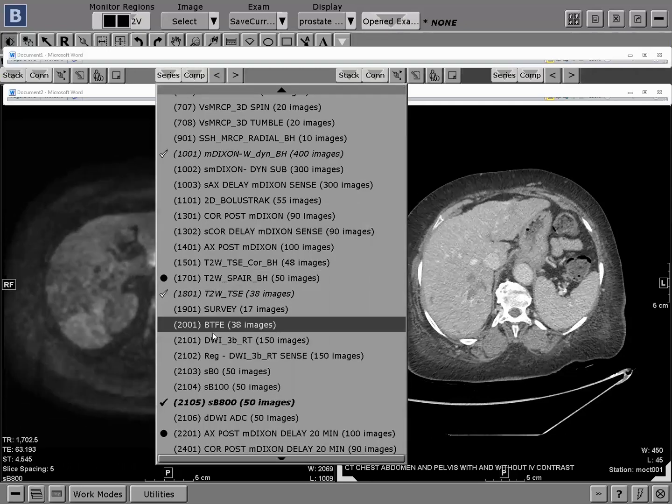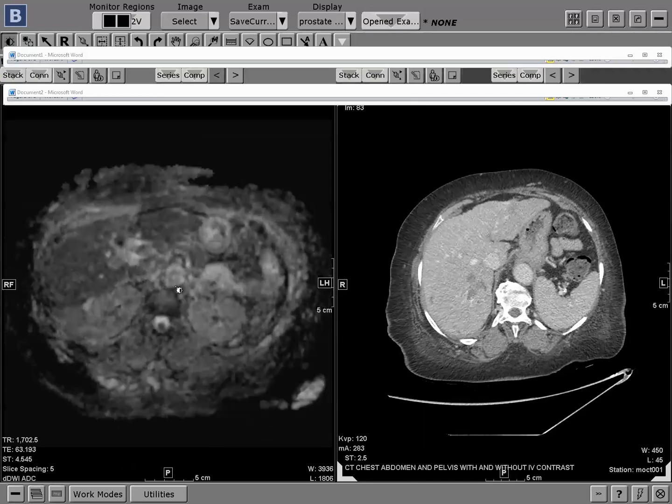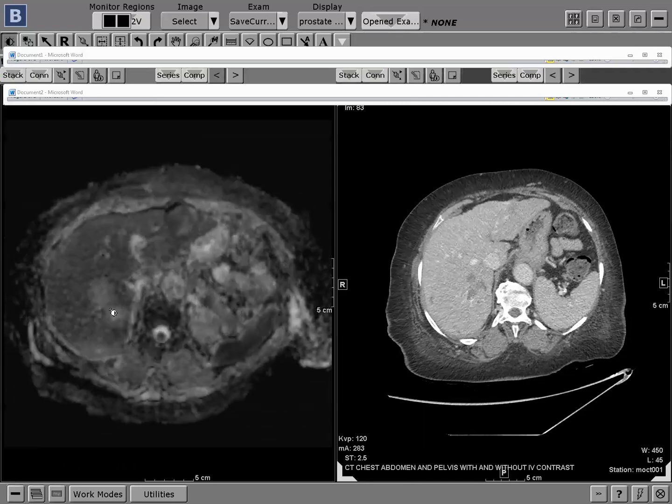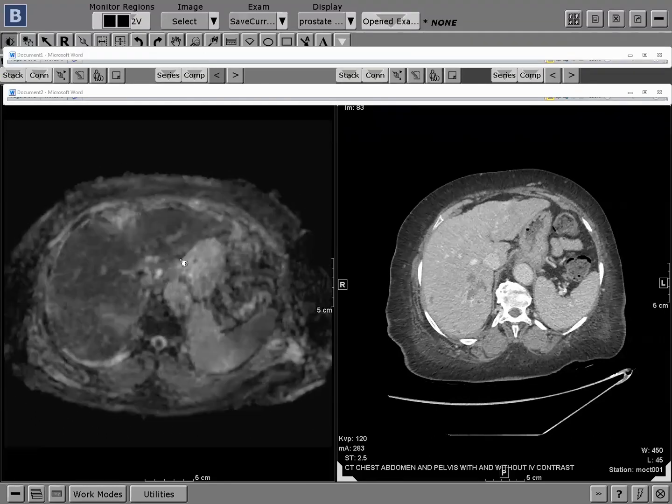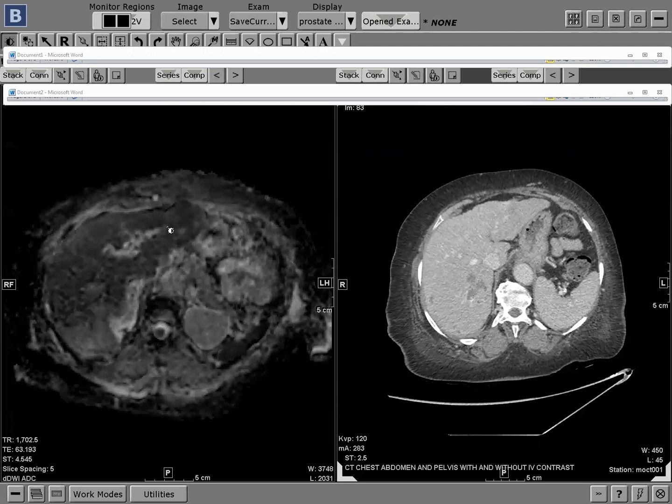But when you look at the ADC map, you can see that a lot of these things are T2 shine through, as opposed to HCC, which is true diffusion restriction.